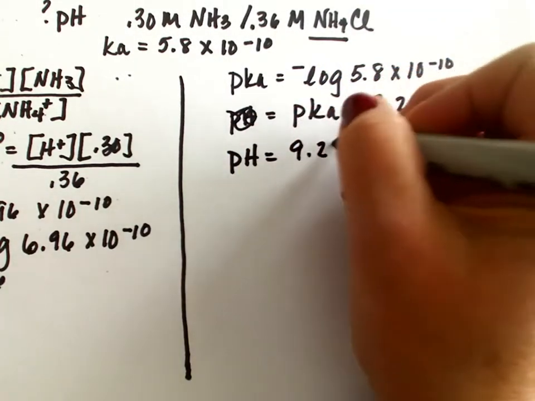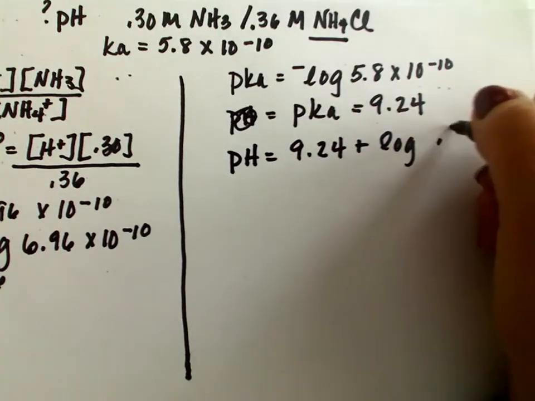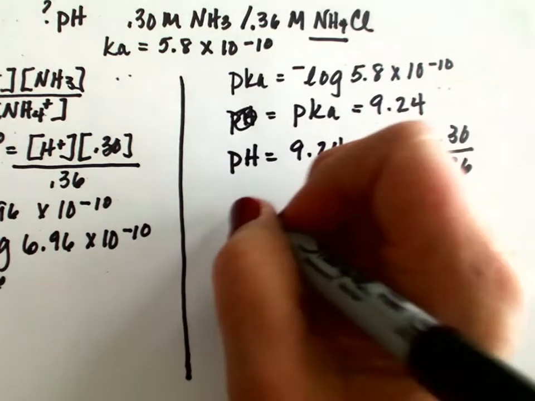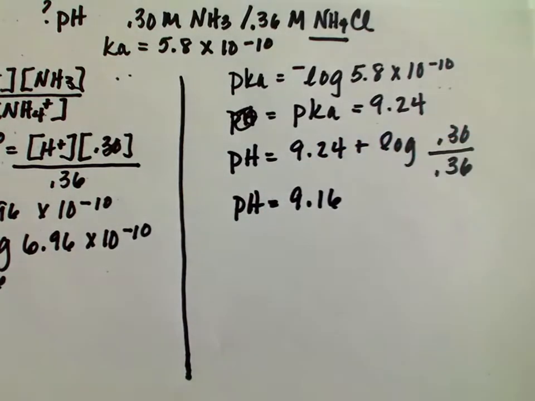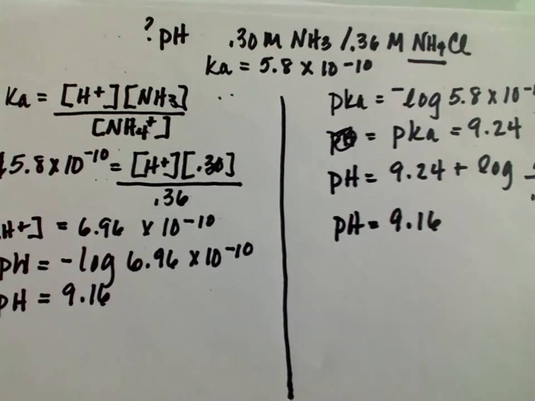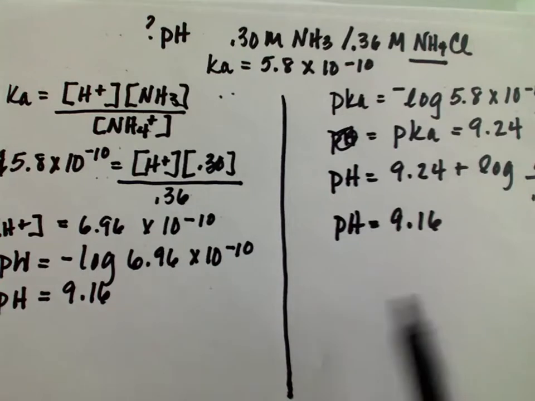So the pH of this buffer solution is 9.24 plus the log of 0.30 divided by 0.36. pH equals 9.16. And these two match exactly. Sometimes, depending upon the pKa calculation, you might see a little variability in the final pH between these two, but in this case, we're right on the money.